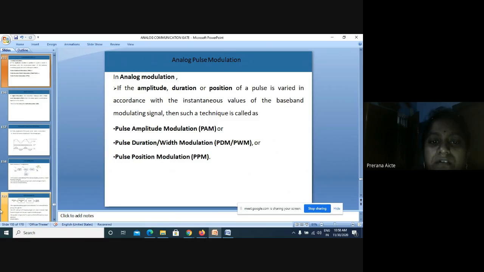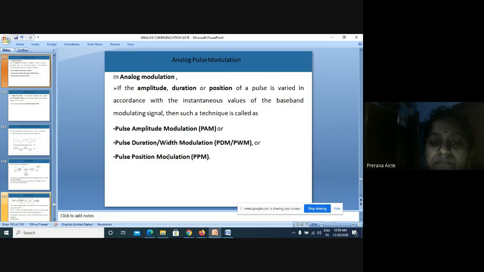And to generate PWM signals, we are going to make use of a comparator circuit. By making use of this comparator circuit, we generate the PWM signal. And for generating the PPM signal, we generate it from the PWM signal.